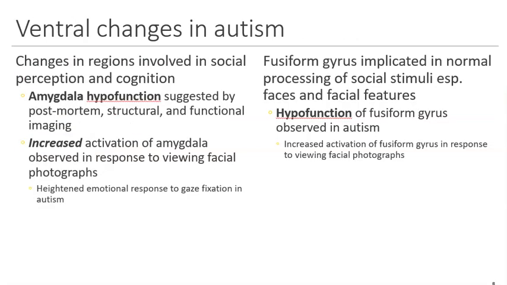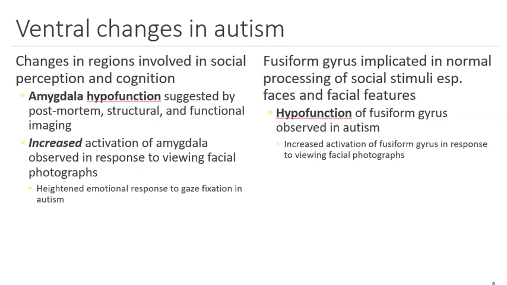We also have some ventral changes in autism as well. So here we see changes in regions involved in social perception and cognition. Here, one of the main ones is the amygdala hypofunction. This is suggested by postmortem structural and functional imaging, that we see underaction of the amygdala.